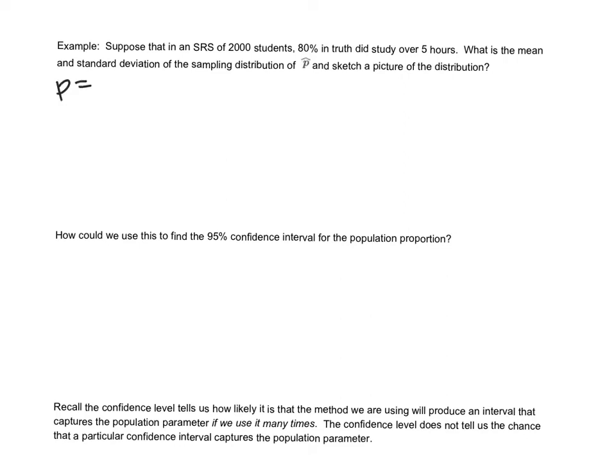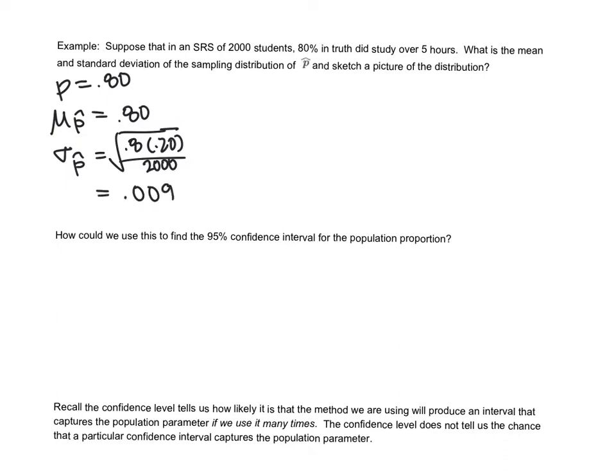So our parameter is going to be 0.80, which means our mean is going to match the parameter, and our standard deviation is the square root of 0.80 times 0.2 over 2,000, which is going to be 0.009.